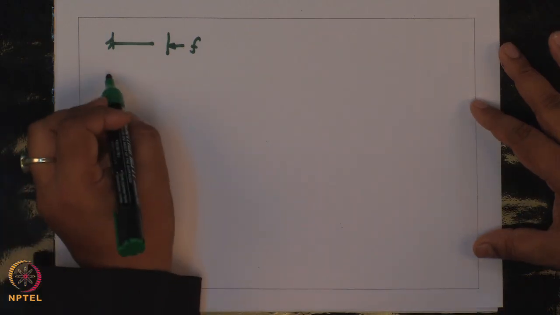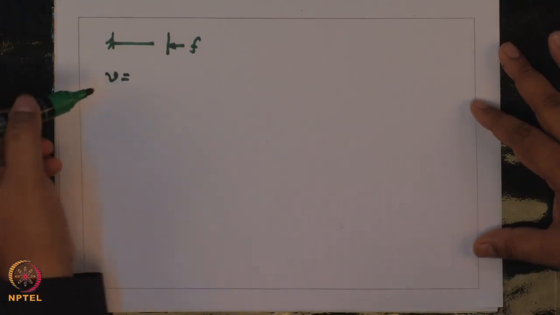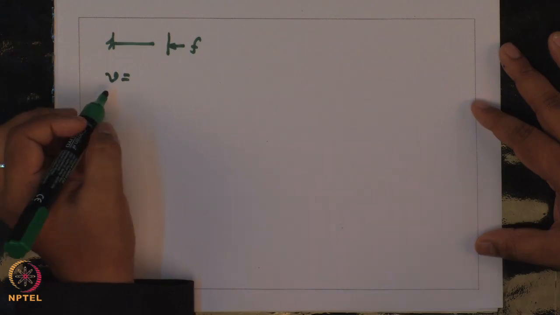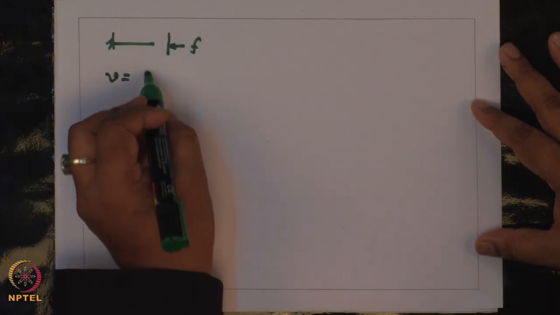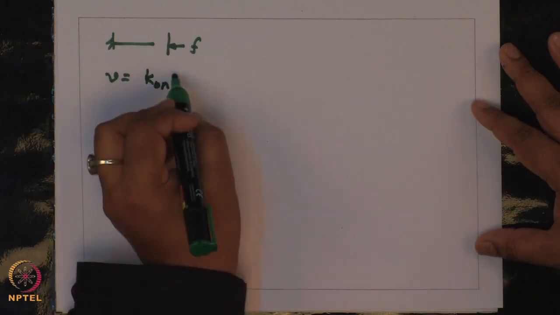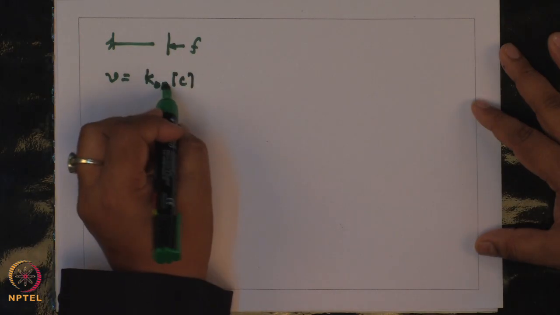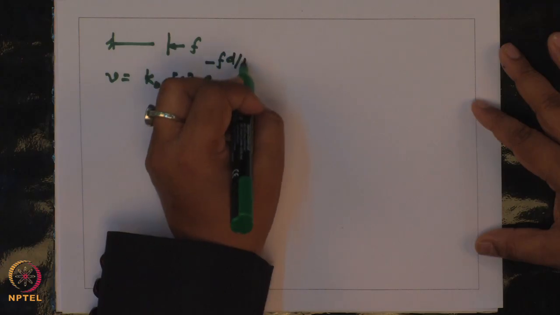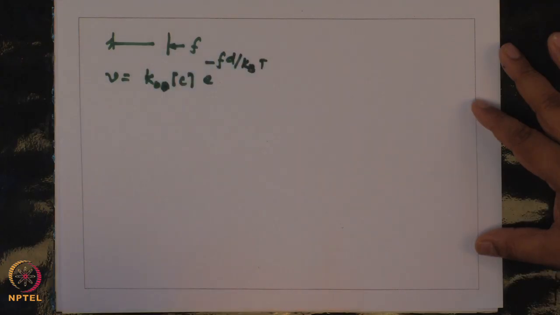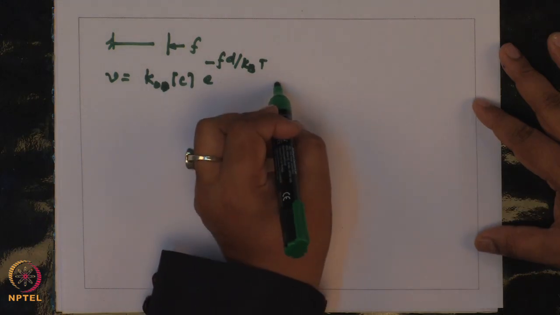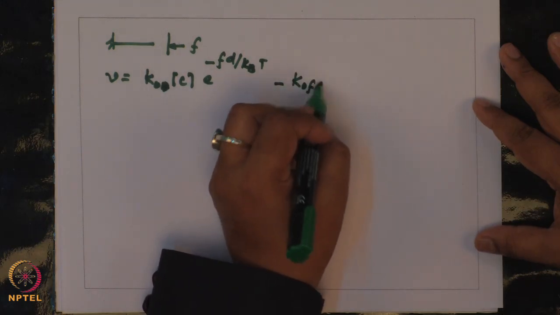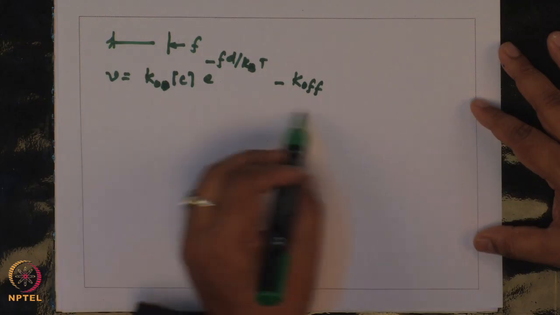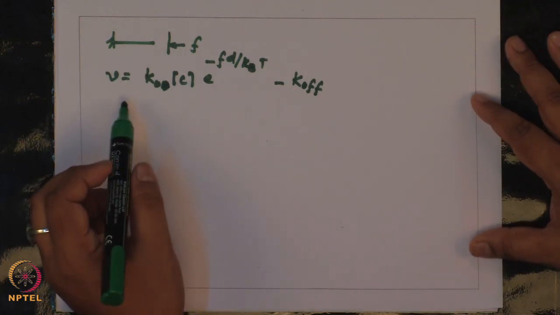I can write the expression for the velocity of filament growth as k_on C minus k_off, where k_on is k_0 C e to the power minus f d by k_B T, minus k_off. Once we have this expression, this is the velocity.